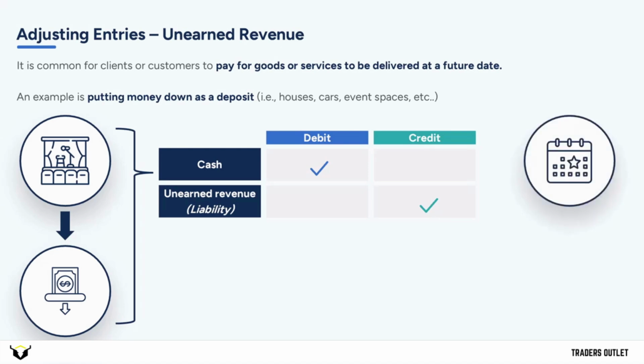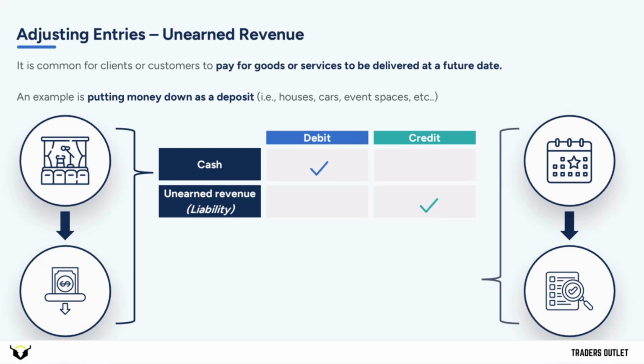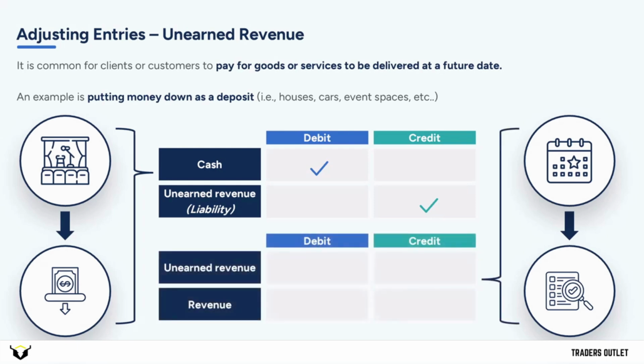At the end of the period, let's say it's a year, the business needs to evaluate the value of their unearned revenue to determine if the obligation still exists or if they've delivered the service or good and then can record that unearned revenue as actual revenue on the income statement.